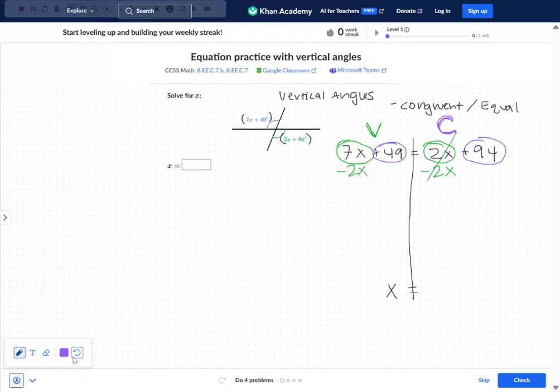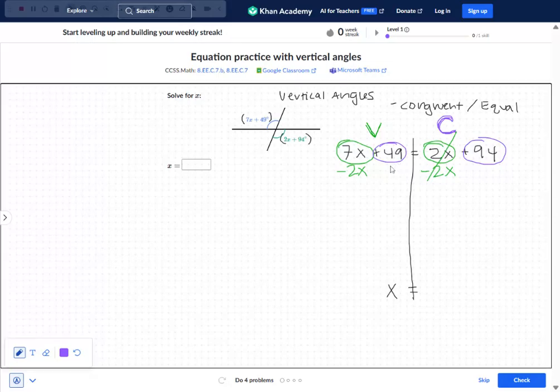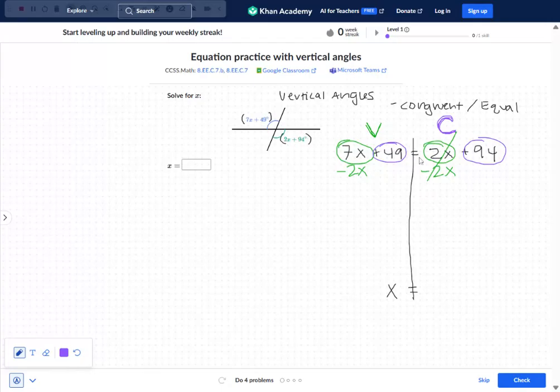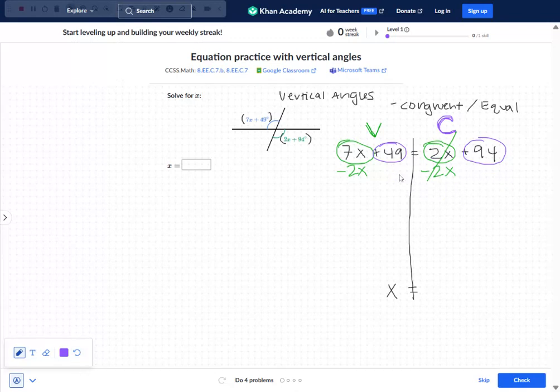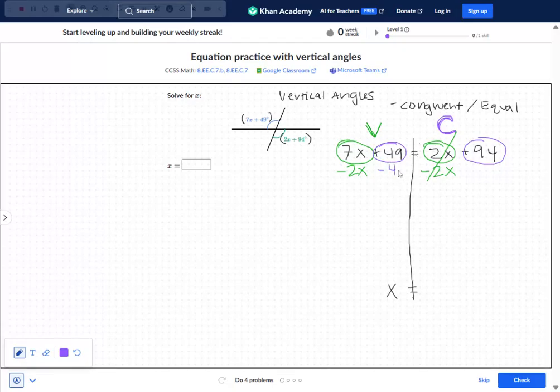Just to keep this clean, in this same step I'm also going to move this purple constant to the other side because it's also in the wrong spot. We want all the purple constants over here on the right side. So we've got to move this over. How do we cross that boundary, crossing the equal sign? Inverse operation. So we're going to subtract 49 from both sides.